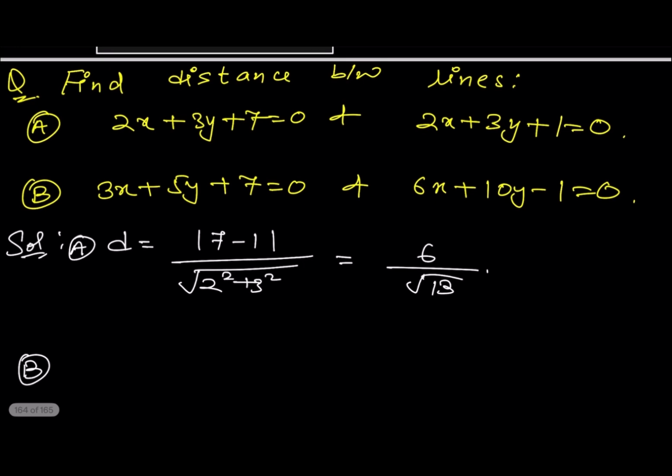Now if we see part B, lines are parallel because coefficients are in the same ratio, or coefficients are proportional, but using the formula we have seen, we need to make coefficients the same, right?